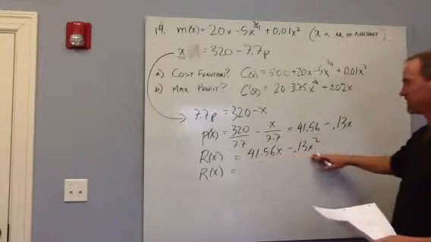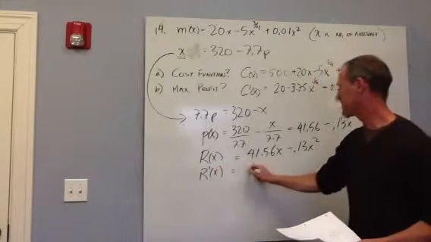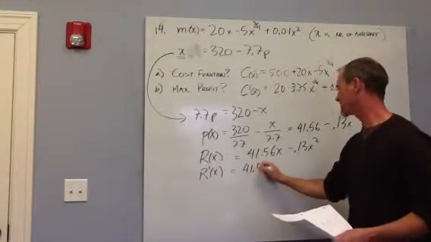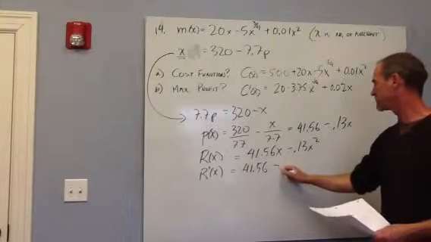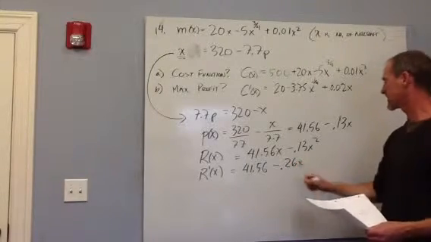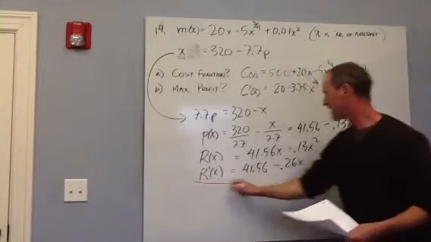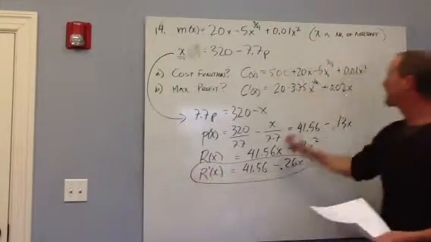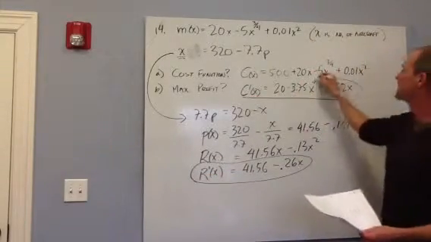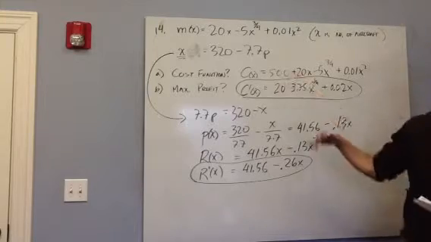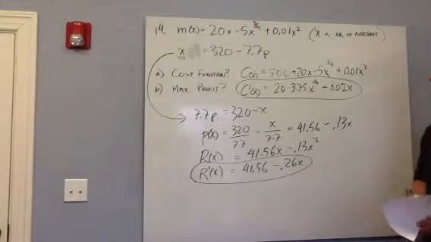So the derivative of this, r prime of x, is 41.56 minus 0.26x, all right? So I've got the marginal revenue, I've got my marginal cost, and I set these equal to each other and solve. All right, well, that's the trick.